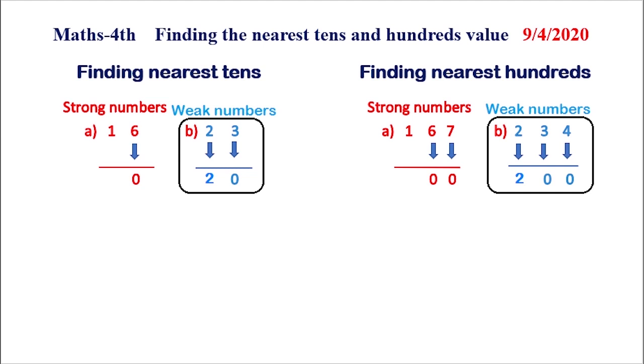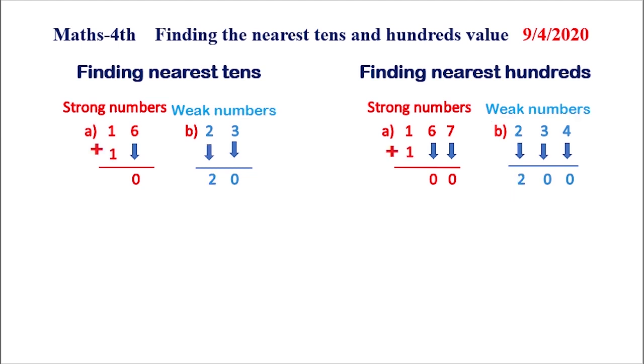In finding the nearest tens, you will have the tens number remaining. In finding the nearest hundreds, you will have the hundreds place remaining. So write down or drag those numbers down as they are. You don't need to do anything else, and you will get your answer.